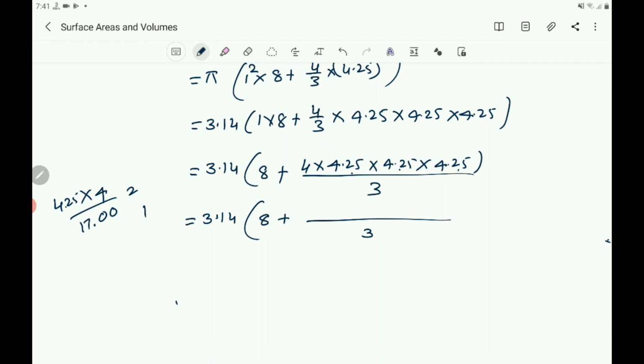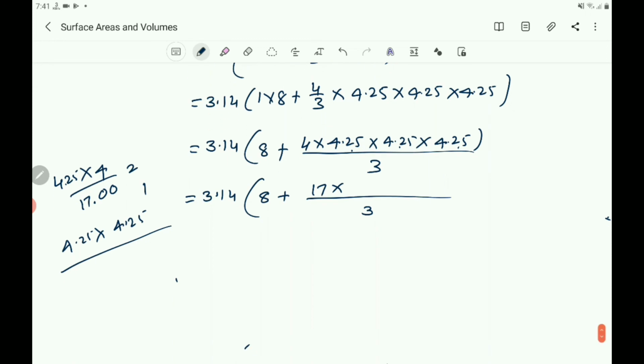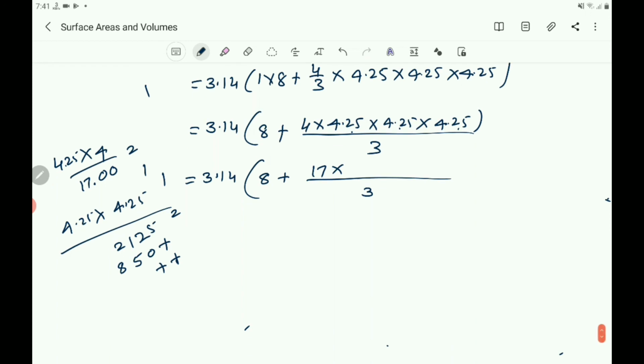So it becomes 17.00, means 17 into 4.25 into 4.25. 5 5s are 25, 5 2s are 10 plus 2 12, then 5 4s are 20 plus 1 21, and so on.